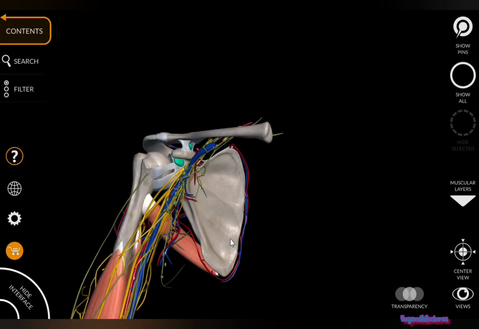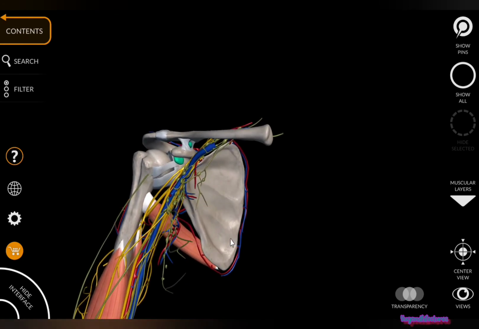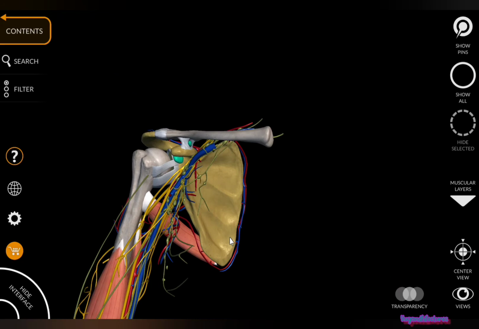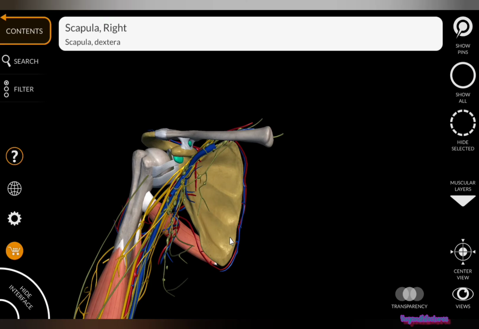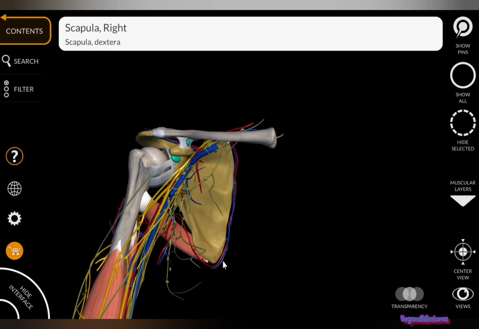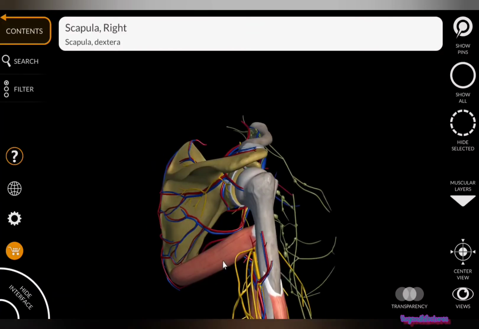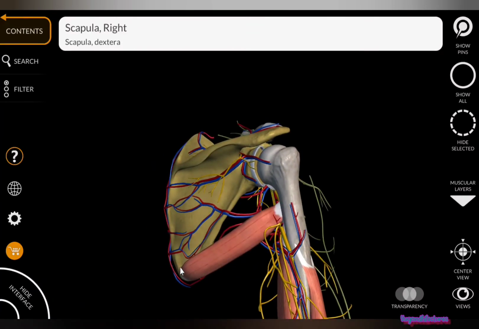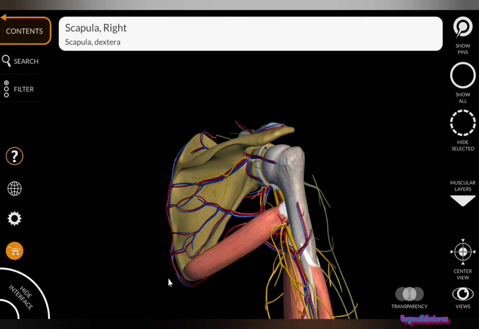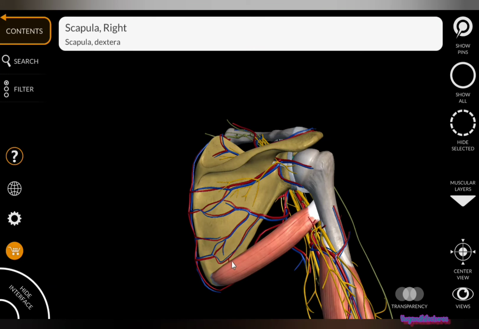So the next muscle is the teres major muscle. You can see teres major muscle takes origin from the inferior angle and also from the lateral border of the dorsal surface of the scapula, right?